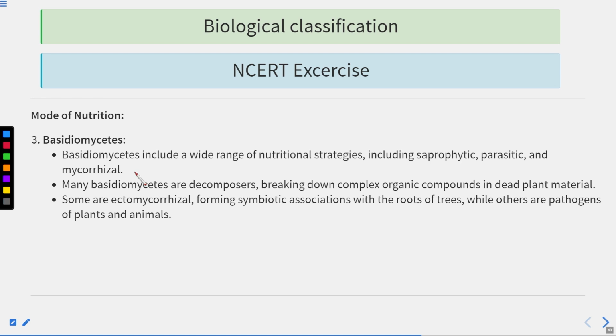Next is the Basidiomycetes. The mode of nutrition in Basidiomycetes includes a wide range of nutritional strategies, including saprophytic, parasitic, and mycorrhizal association.